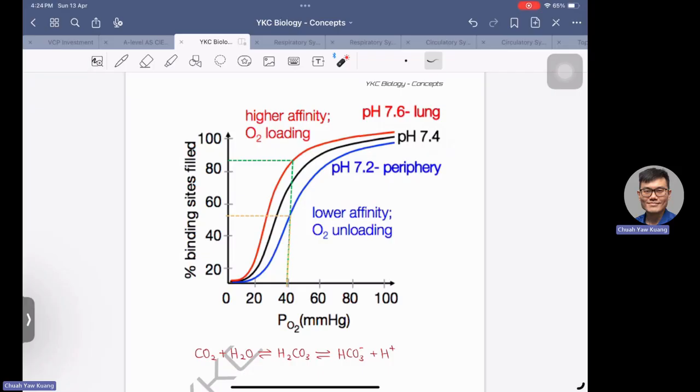Lower partial pressure of carbon dioxide and higher pH will increase the affinity of the hemoglobin to the oxygen, causing more oxyhemoglobin to remain. So less oxyhemoglobin will dissociate to release the oxygen to the body cell, and thus leading to the higher saturation percentage of the hemoglobin.